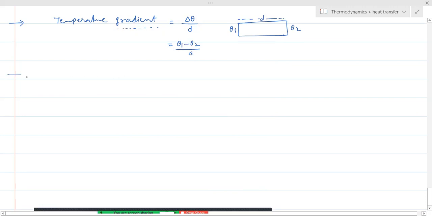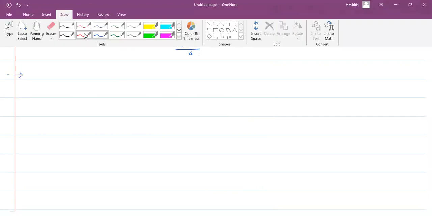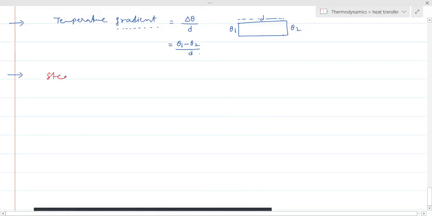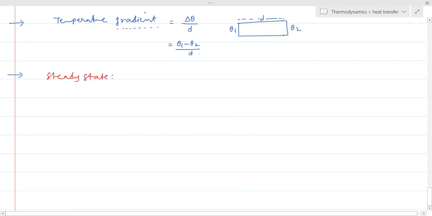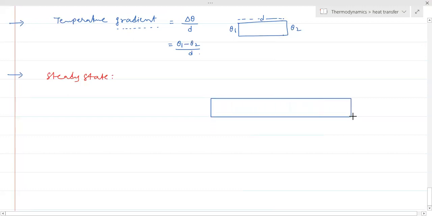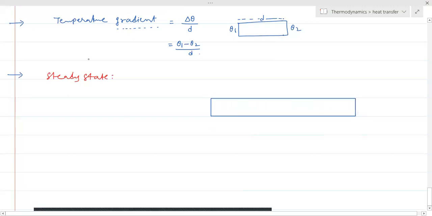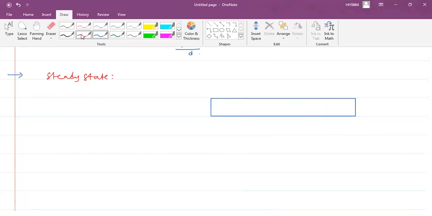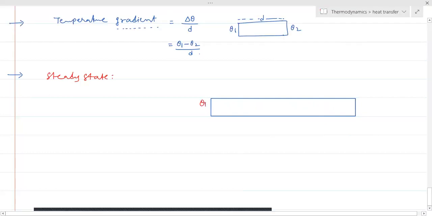Next, the most important thing is steady state. In questions, often you will come across this term: a rod is in steady state condition. First we need to analyze what steady state means. People confuse this and think that in steady state the temperature is constant. For example, this is theta 1 and this is theta 2.